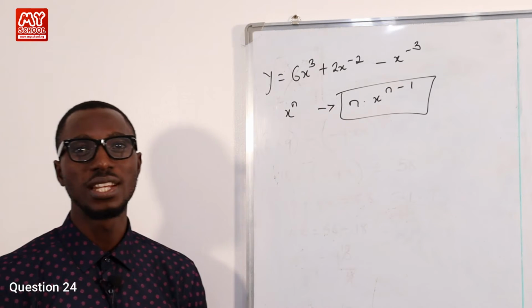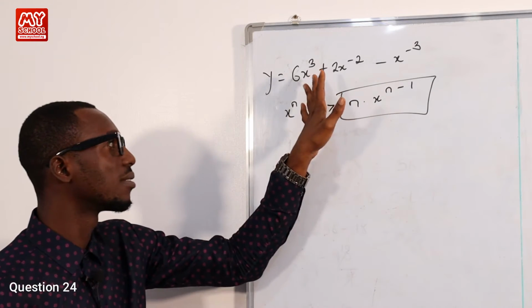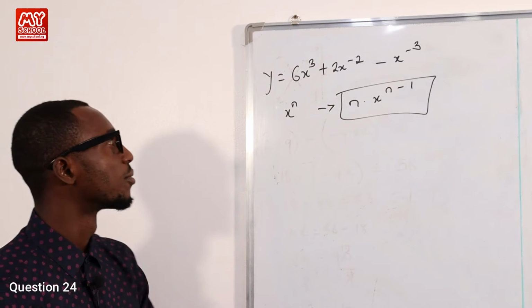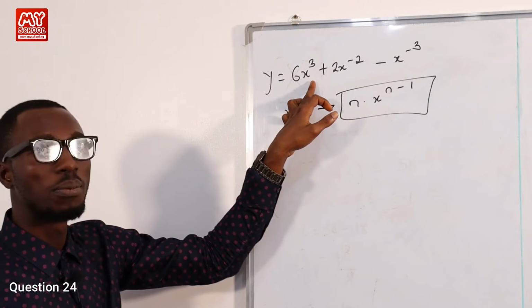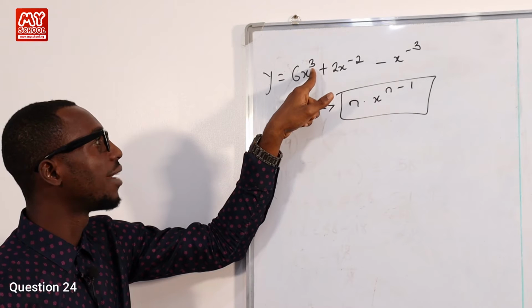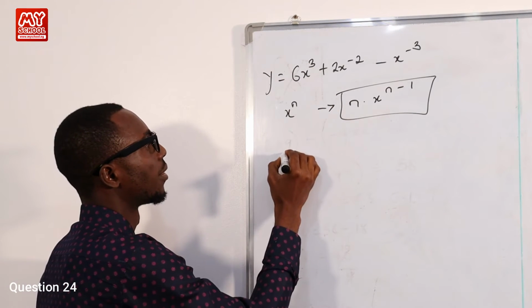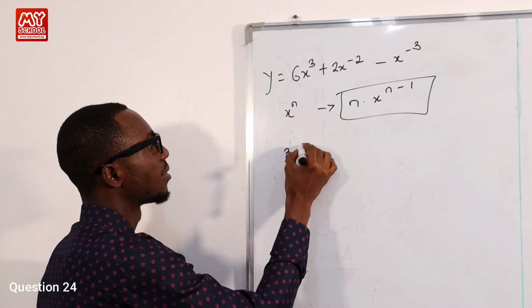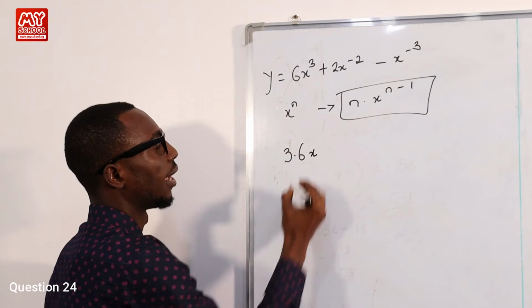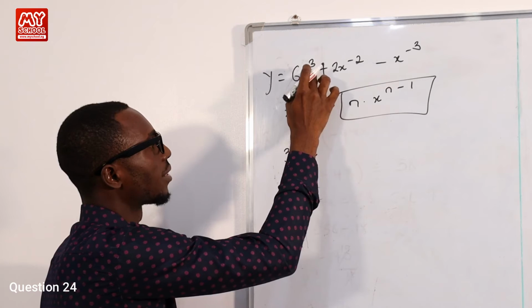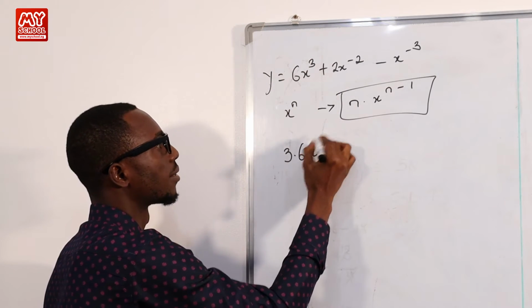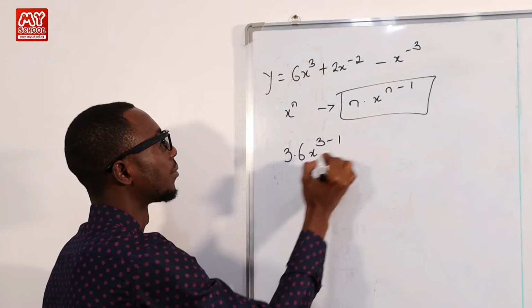So this is what we'll be using to guide us in our operation for this question. So for 6x cubed, the value that n represents is 3. So we'll be having 3 multiply 6, which is our x. Then we have our n as 3. Recall, minus 1.